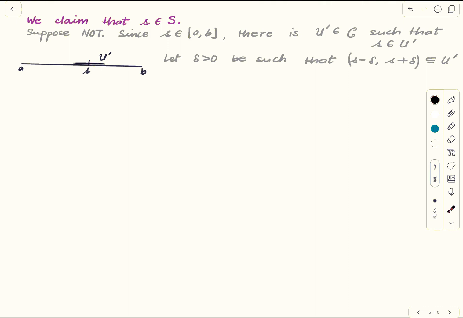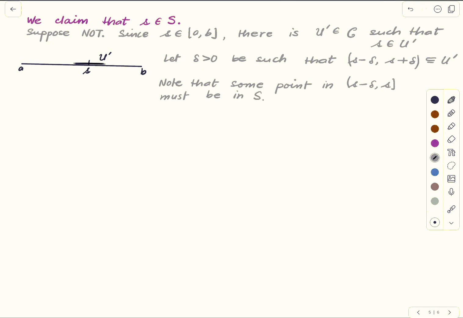Okay. And this is the final observation. Note that some point of this interval must be in S.